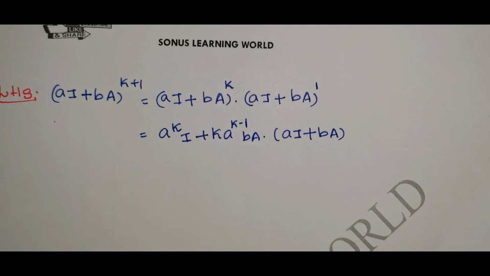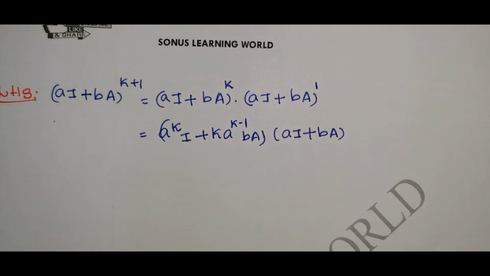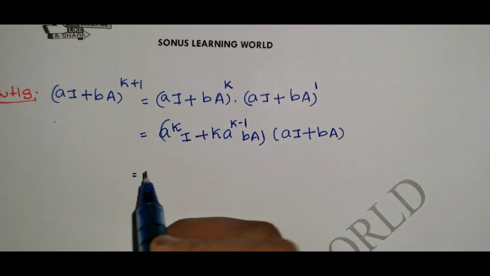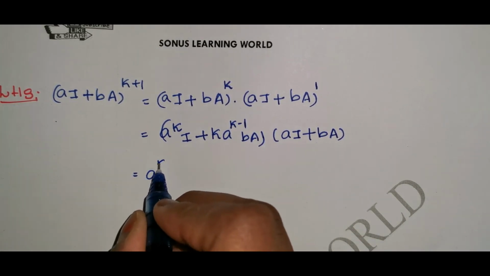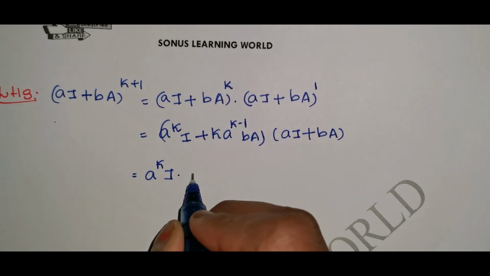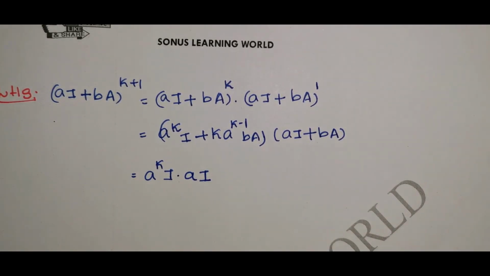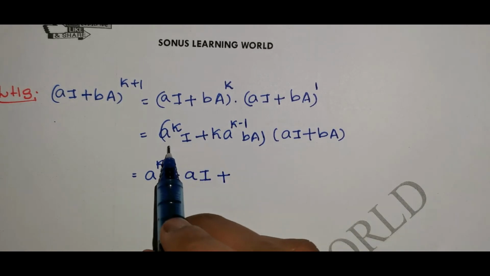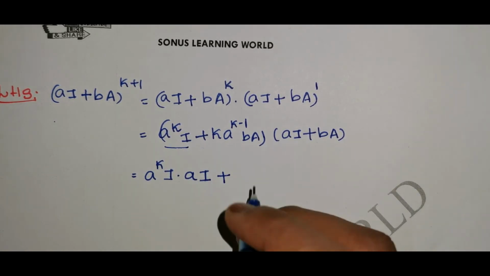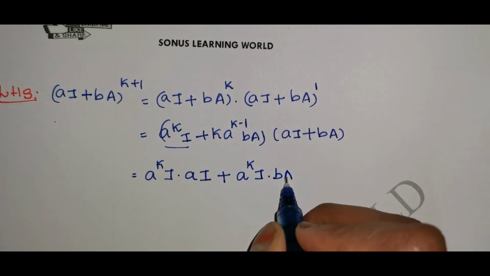Next we are going to multiply these two terms. I am going to multiply this term with this term. So a raised to k i into ai, plus this particular term into the next term, that is a raised to k i into ba.